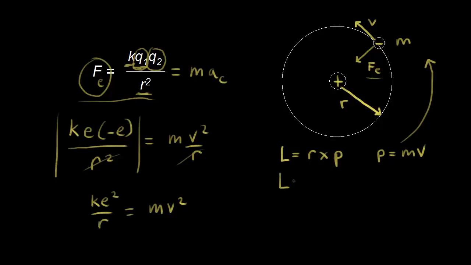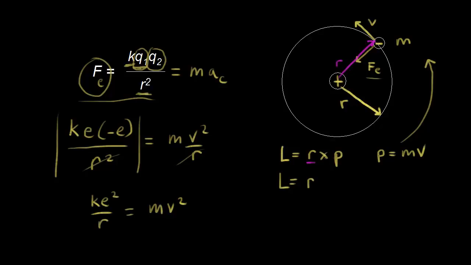We're going to take the angular momentum about the center of our circle. r is a vector, the distance from the center to where our electron is. Let me draw r in. This is the r vector.